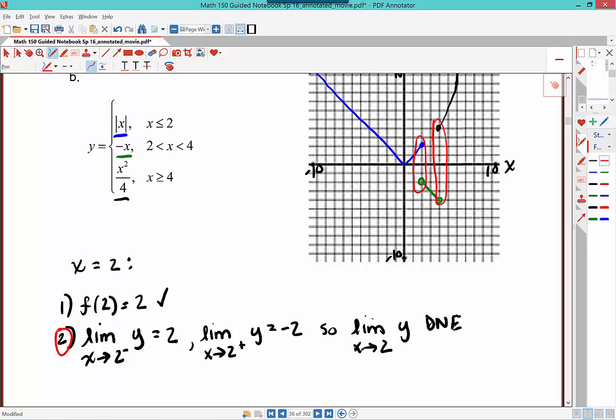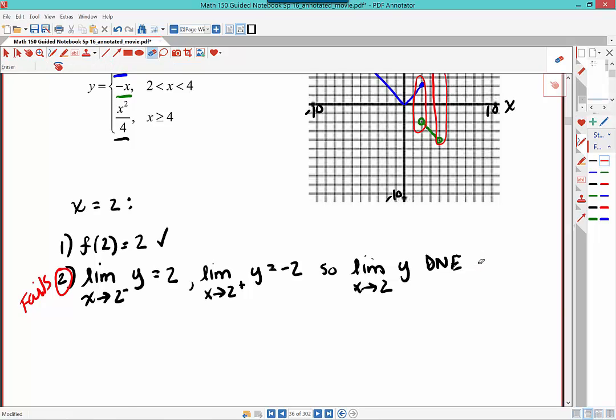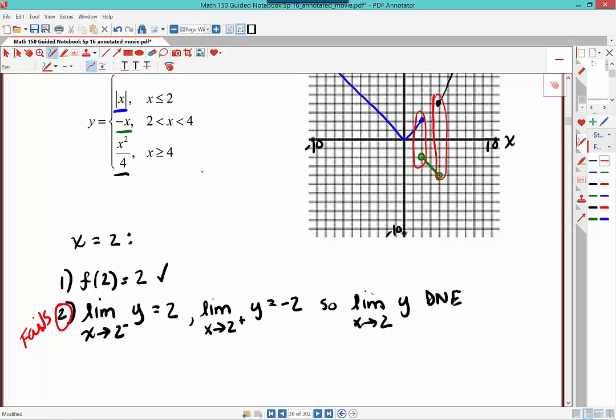So it fails here. And do you see at x equal to 4, we have the same problem?